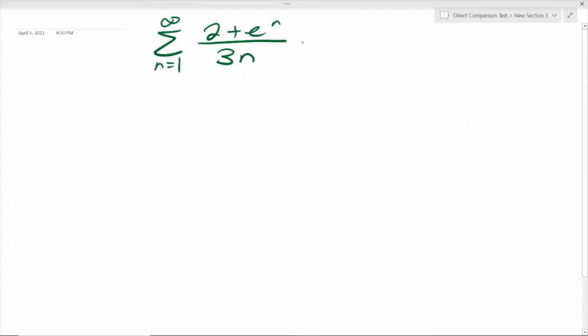So now say we have a series that looks something like this. So this is going to be our An, just like before, because An is what we're trying to find. And we're trying to actually prove and also find whether the series is convergent or divergent.